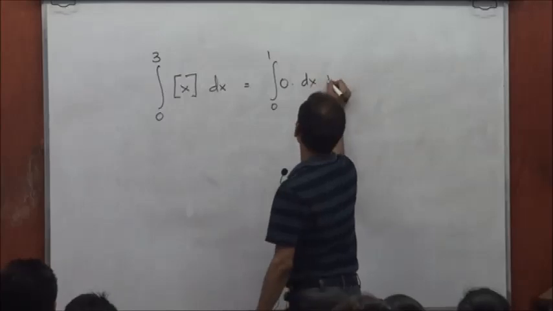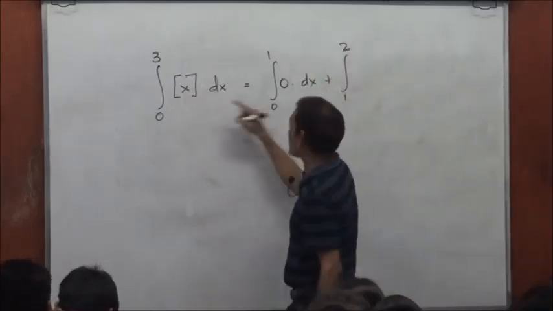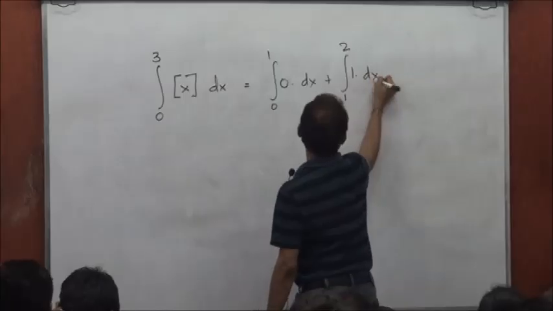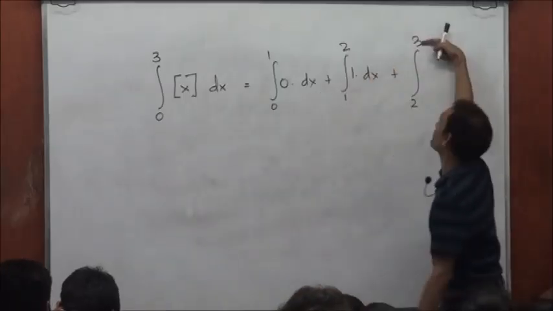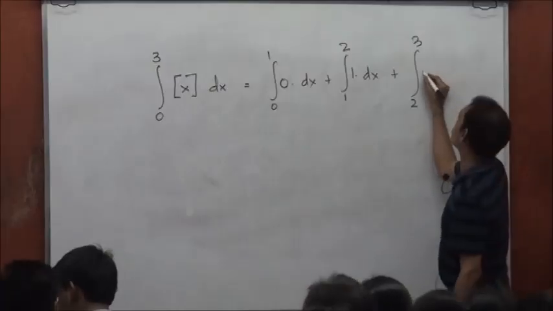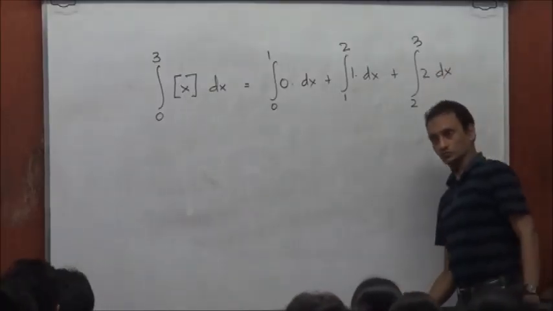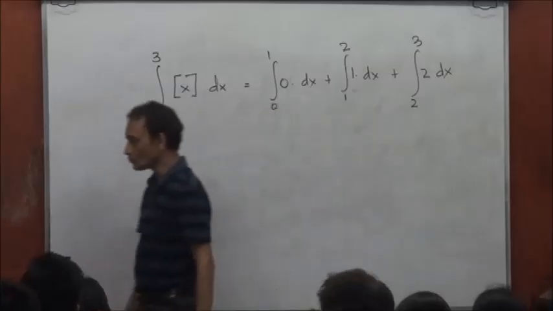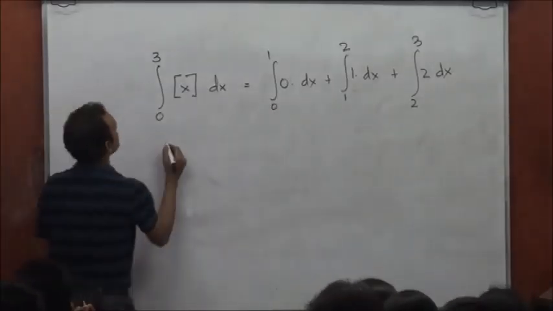Yes or no? Then 1 to 2. When x changes from 1 to 2, floor of x is 1. And then 2 to 3. When x changes from 2 to 3, floor of x is 2.